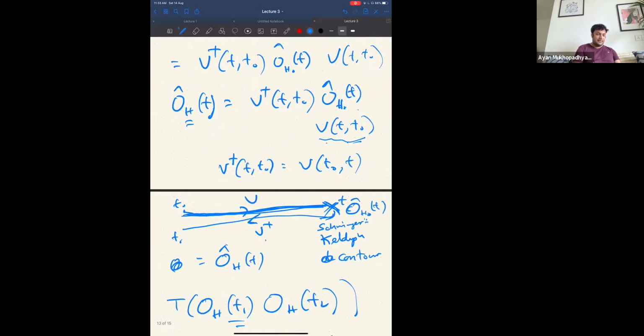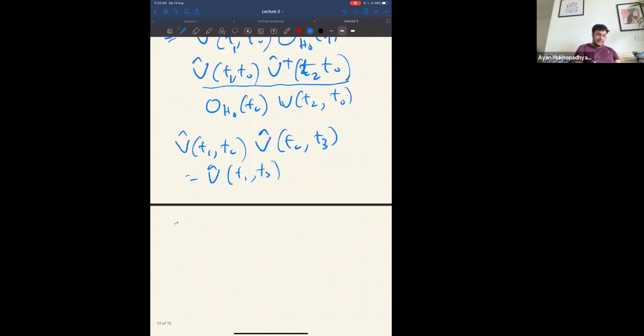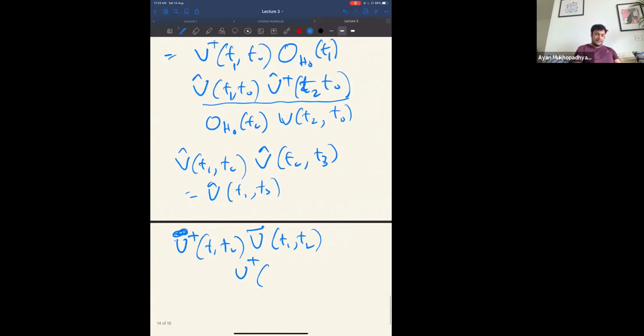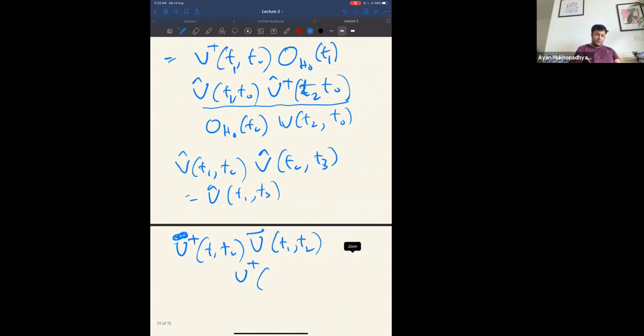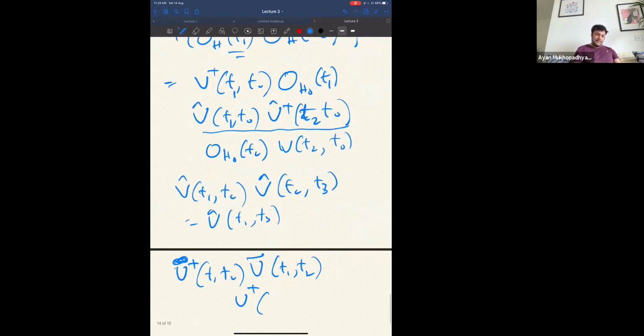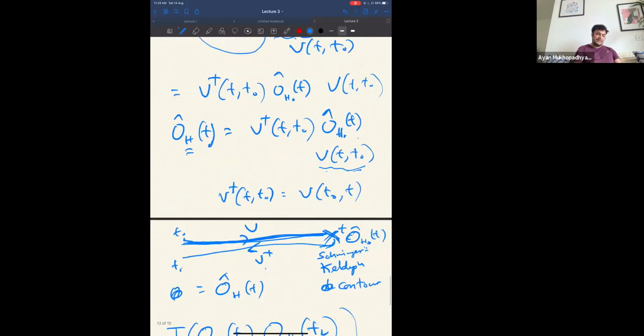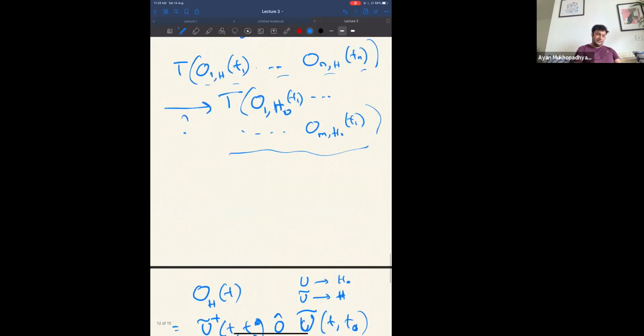Sorry, V(t, t naught) is U dagger(t1, t2) times U tilde(t1, t2), and V(t2, t3) will be U dagger... Okay, I think I can give you a more detailed proof here, but it's much easier to go back to this definition that I gave.